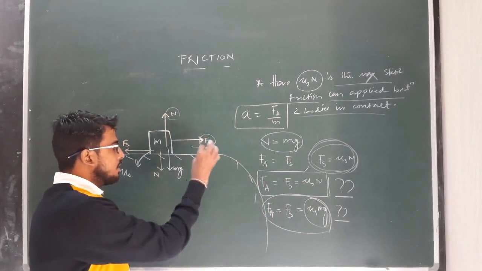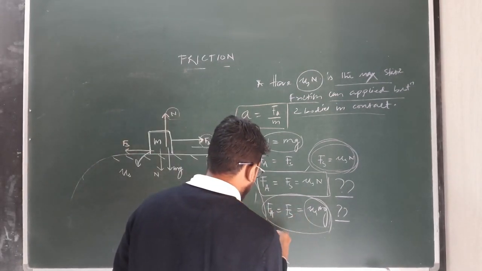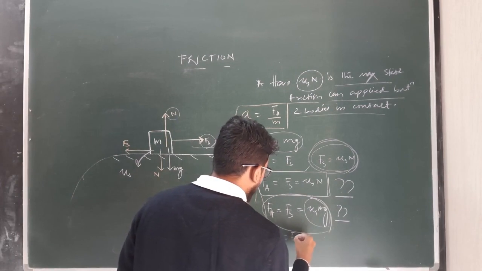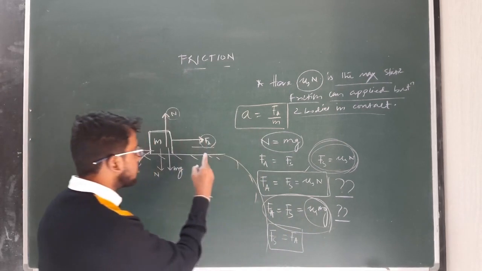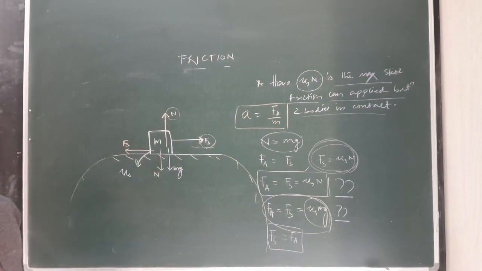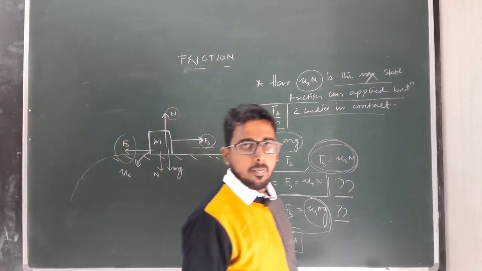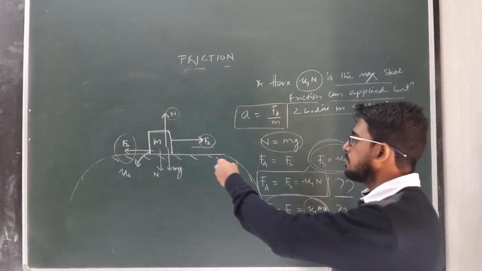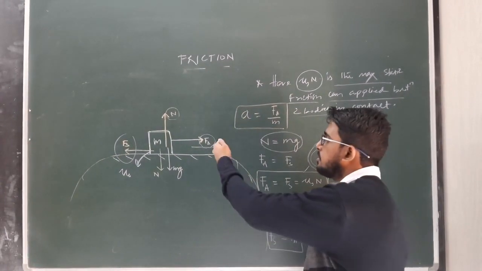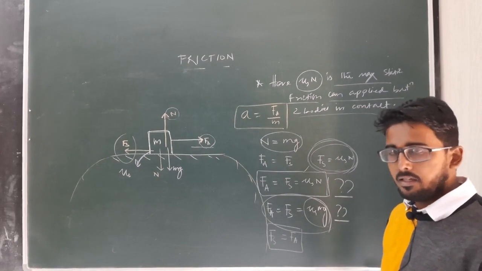Okay, so here we can simply write that the static friction will be equal to Fa. That means whatever the value of Fa is, accordingly the static frictional force can adjust itself. Or you can say that the frictional force knows physics. Okay, the frictional force adjusts itself according to the value of F applied. Clear?